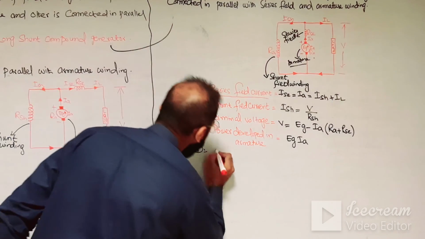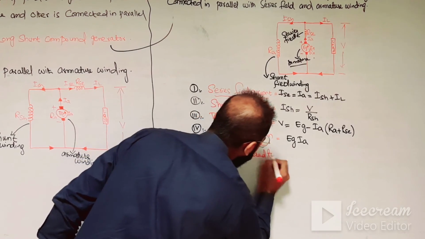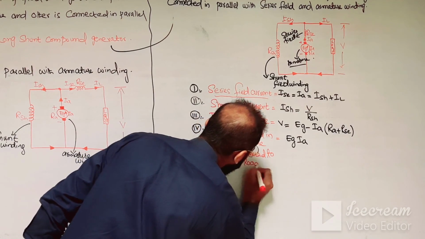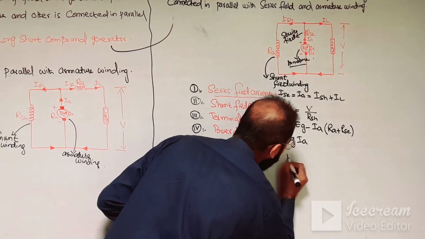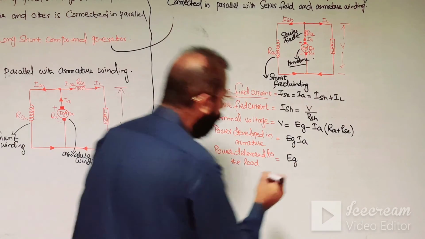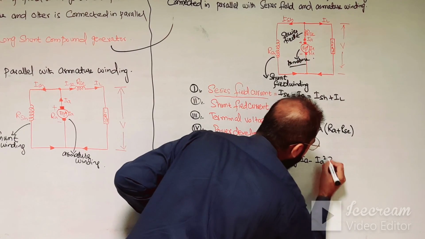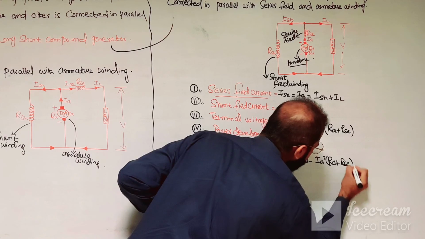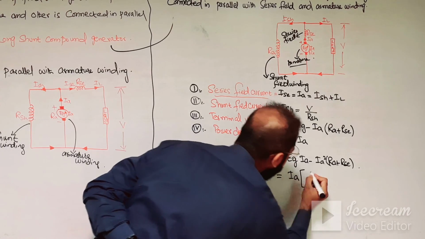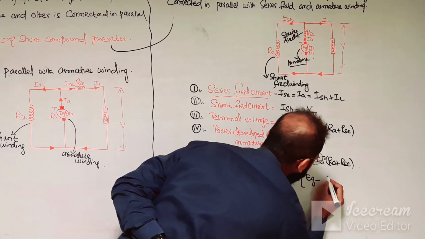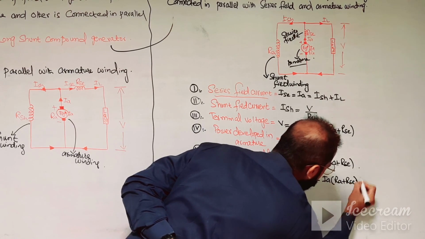Number fifth is the power delivered to the load. So power delivered to the load, as you can see, is Eg Ia minus Ia square (Ra plus Rse), okay. Now taking Ia as common, it is Ia times Eg minus Ia (resistance of the armature plus resistance of the series field winding).